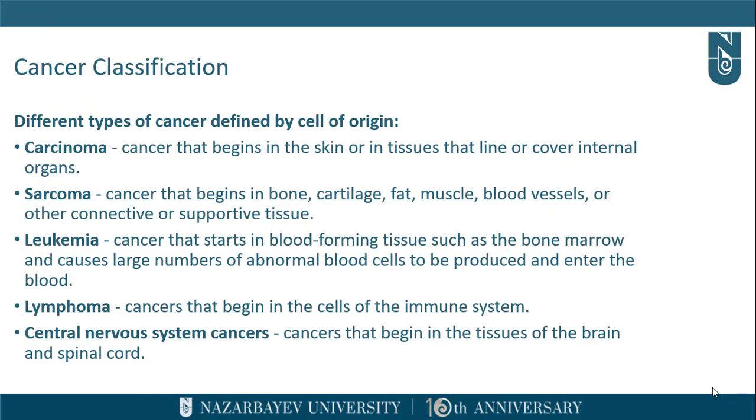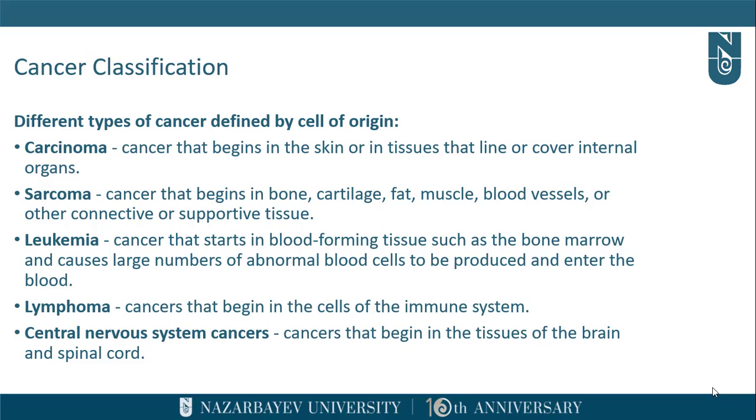To continue, there are different terms related to cancer classification. Depending on the cell of origin, we can categorize cancer into carcinoma, sarcoma, leukemia, lymphoma, and central nervous system cancers.